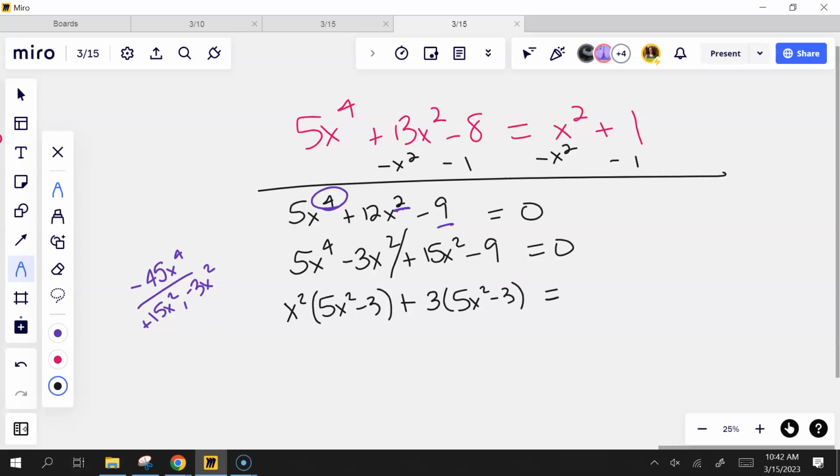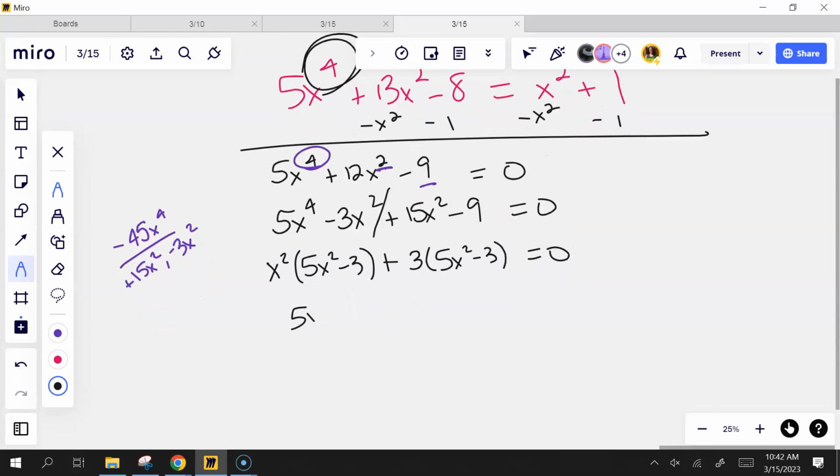How many answers should I get? 4. Why should I get 4? That was my degree in the beginning, right? Alright, so 5x squared minus 3 times x squared plus 3. And I'm ready to set everybody to 0, yes?